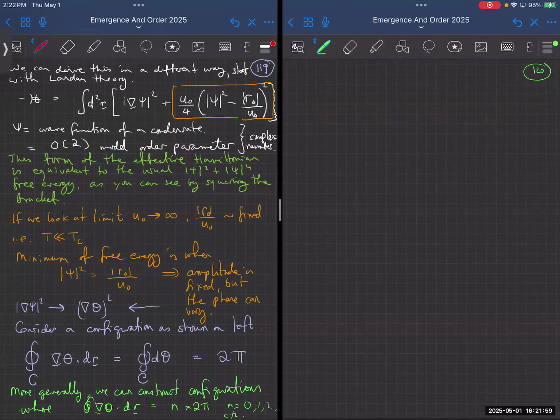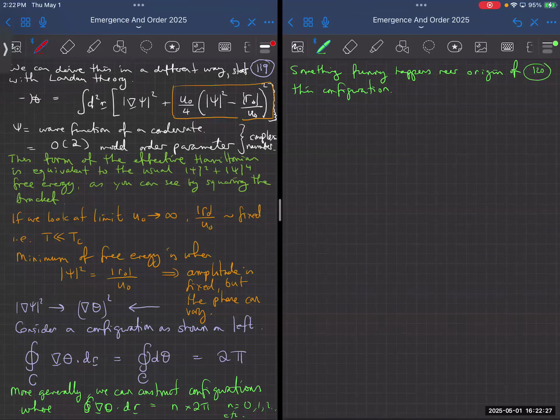So clearly something funny happens near the origin in this configuration. We want to write this thing down in a continuum limit.